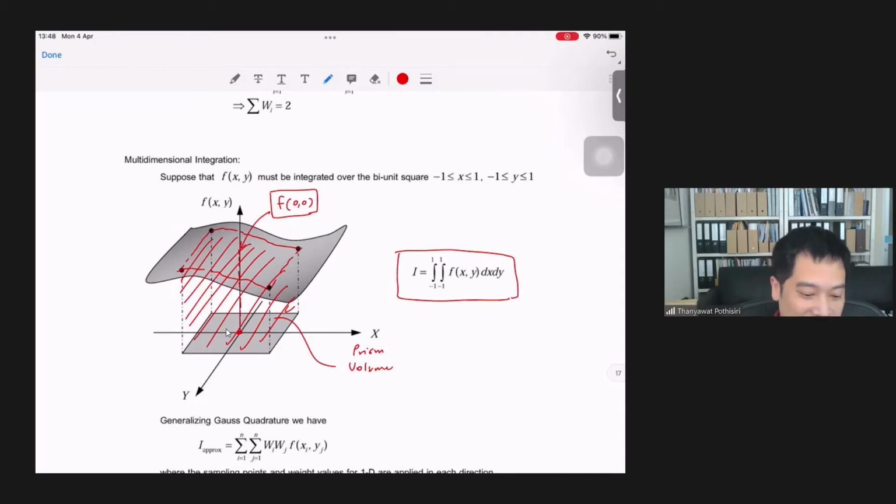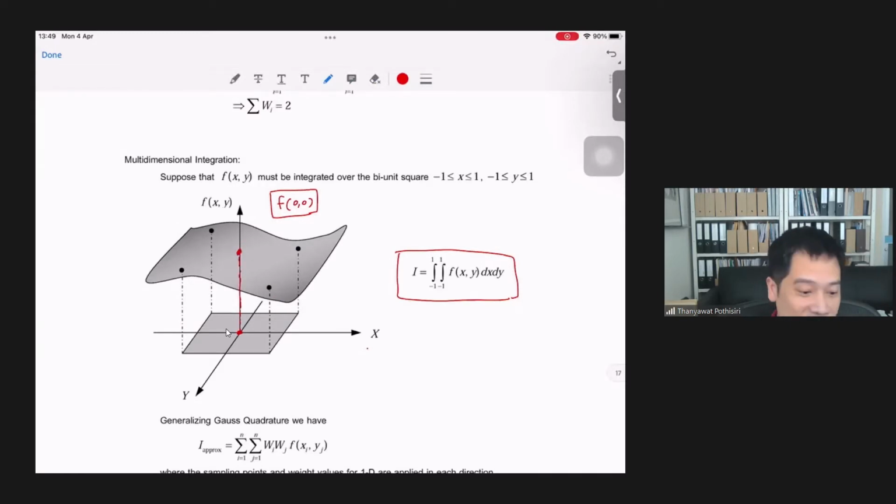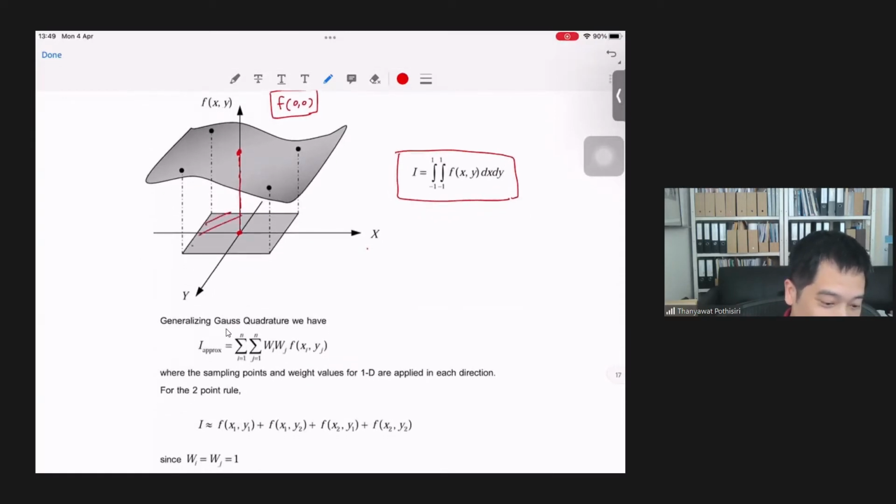So if this is what you are computing, then when you use numerical integration, once you obtain your sampling points, for example, in this case, you already have a sampling point here, you use this sampling point as the representative value and multiply with the area of the base, right?